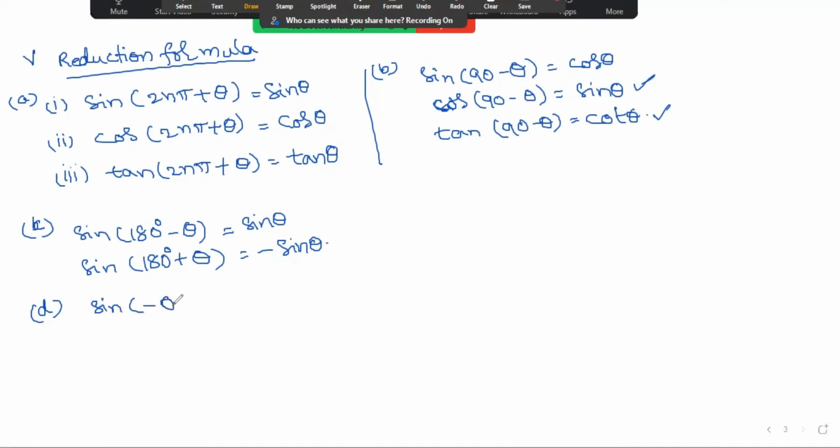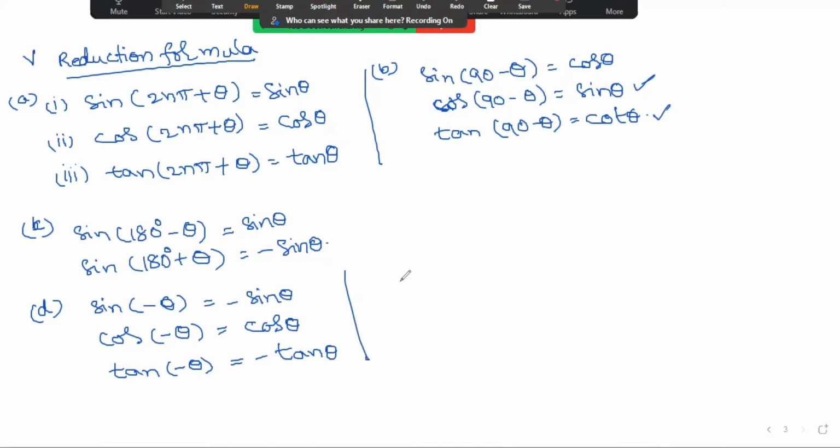Then sine of minus theta will be minus sine theta and cos of minus theta equals cos theta. Then tan of minus theta equals minus tan theta. Based on this information, generally we define even functions and odd functions.